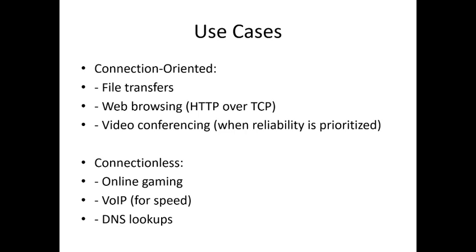Use connectionless methods when speed is more important, like in online gaming or voice calls, where slight data loss is accepted. Connectionless is also used for IP for speed and DNS lookups.